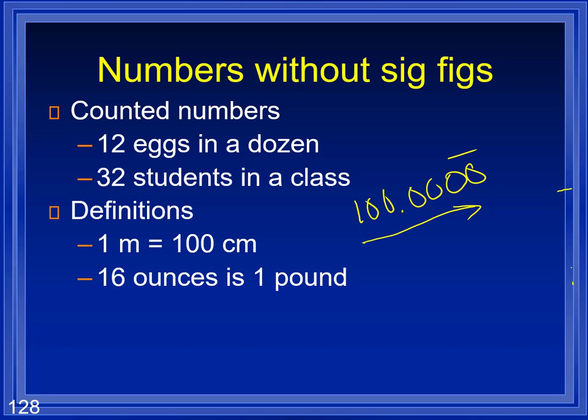Outside the metric system, 16 ounces is 1 pound. Why? Well, because that's the definition. So it turns out that if you're in the same system, they're definitions. If they're in the same system, they don't have any estimated numbers. Neither definition nor counted numbers have any numbers that are estimated.